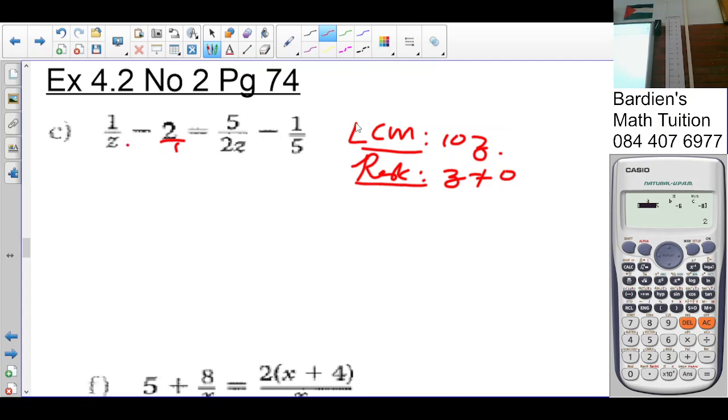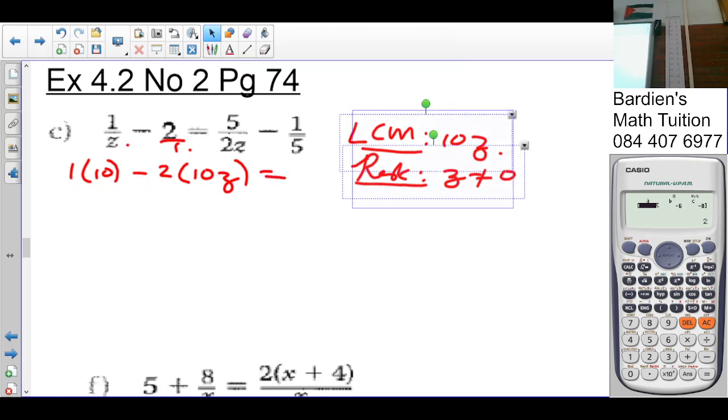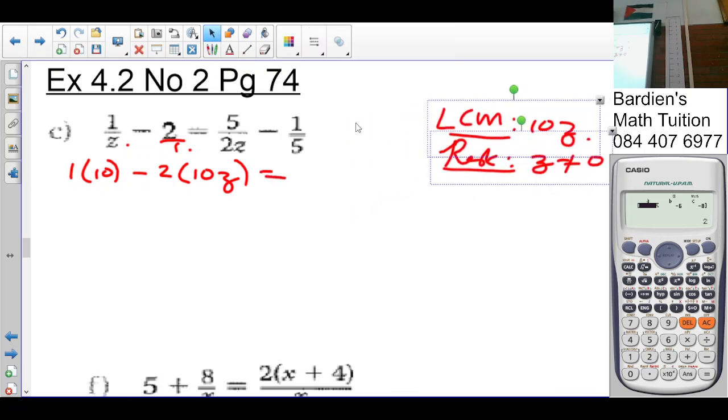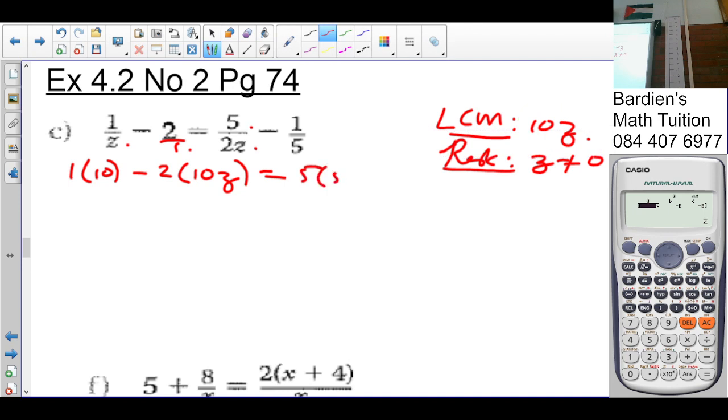So this I will multiply by 10. So 1 times 10. That must be multiplied by 10Z. So it's 2 times 10Z equals. That must be multiplied by 5. So it's 5 times 5.